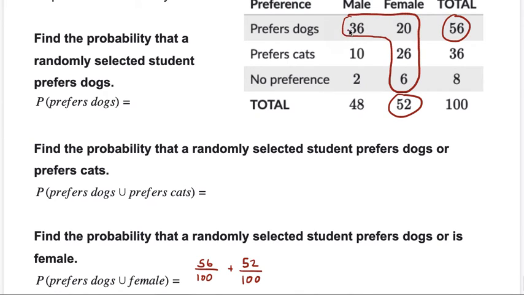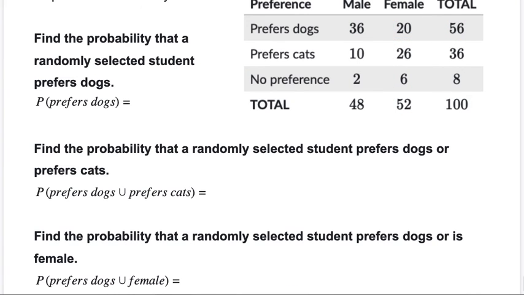These are preferring dogs or being female, is what we're counting. If we just add up this total and this total, then we're counting this 20 twice. So we need to subtract the 20 to make this work, and we'll find we have 88 out of 100, or 88%. So the key idea here is you need to subtract the intersection, and if you add each of these up, 36 plus 20 plus 26 plus 6, you'll get yourself 88.